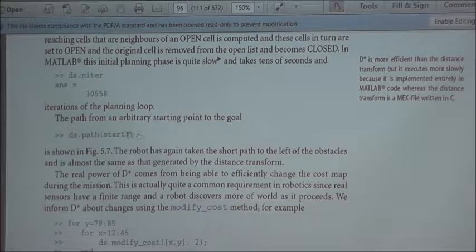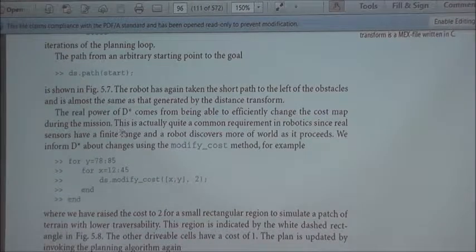This path from an arbitrary starting point to the goal obtains like this. Now, the real D-star comes from being able to efficiently change the cost map during the mission. In other words, having a map with all the costs associated with every cell on the map is something already available in the memory of the robot.